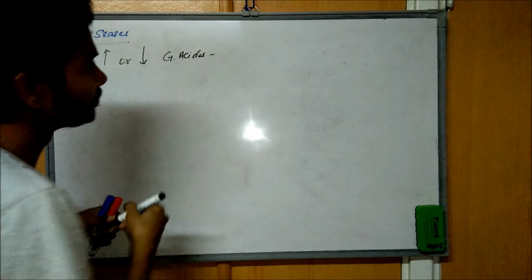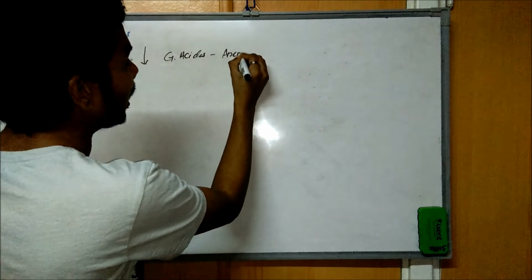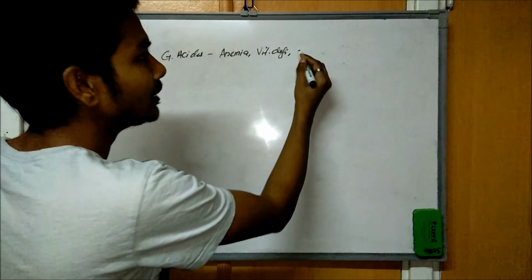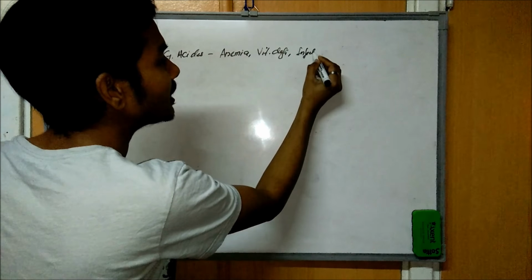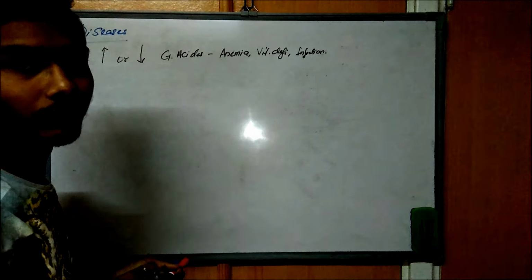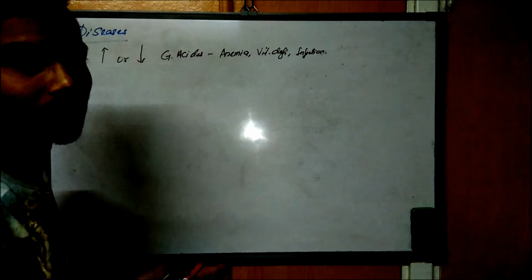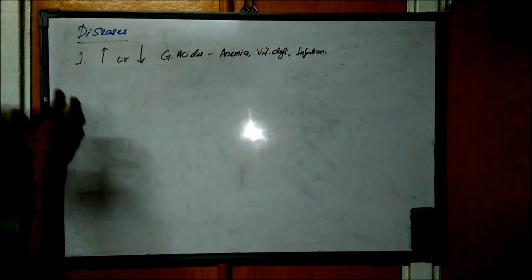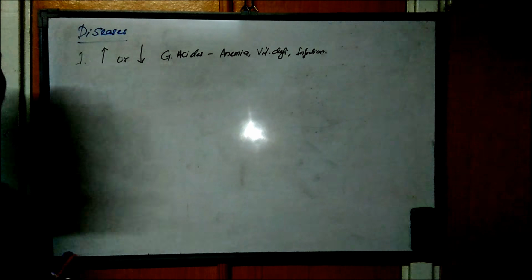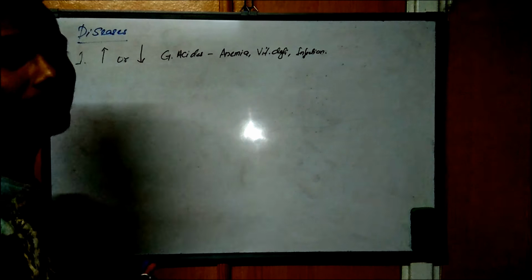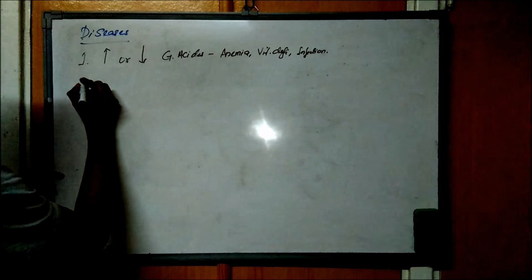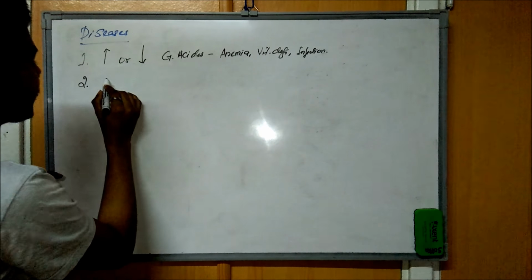It may be anemia, vitamin deficiency, and infection, especially Helicobacter pylori, and then a deficiency of ions like chloride ions and potassium ions. So it leads to increasing and decreasing production of hydrochloric acid, and also the use of non-steroidal anti-inflammatory drugs.